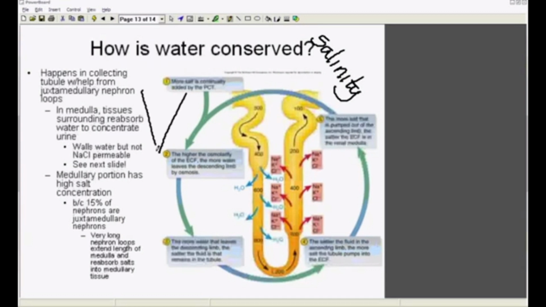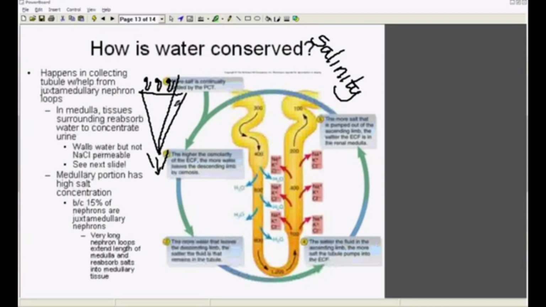And that very salty environment is important because if I have all my cortical nephrons up here in the cortex, they all feed into a common collecting duct, and that collecting duct then travels all the way down to the bottom of the renal pyramid where it dumps its forming urine into a minor calyx through the renal papilla.